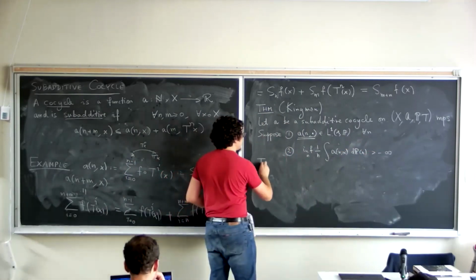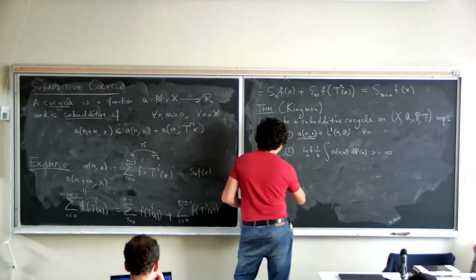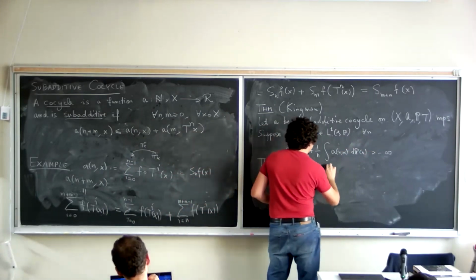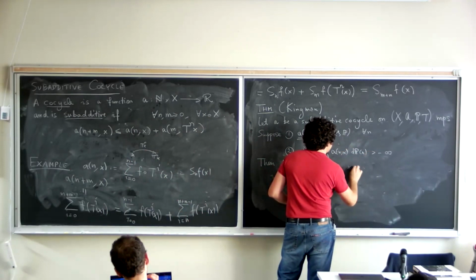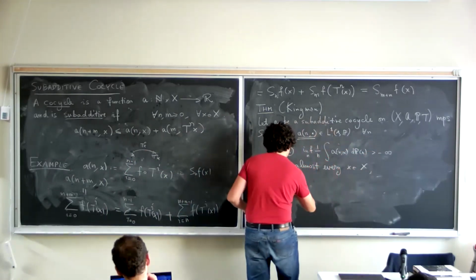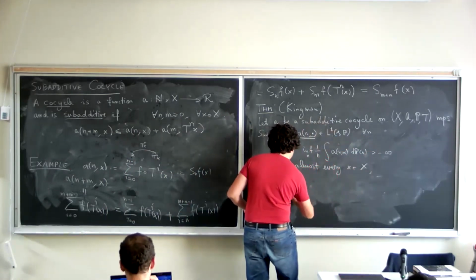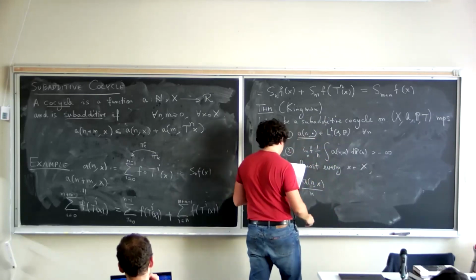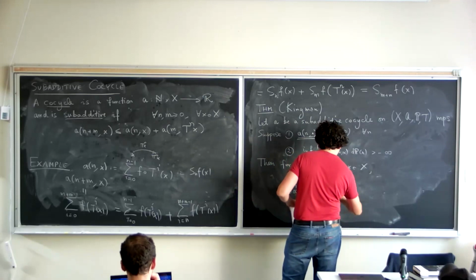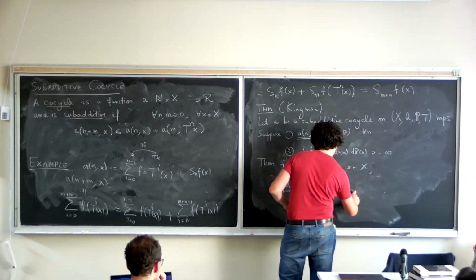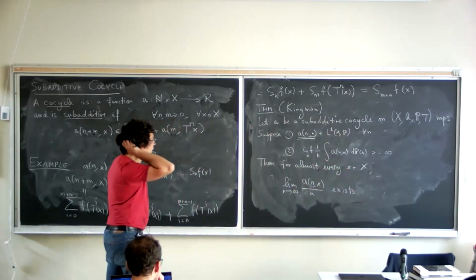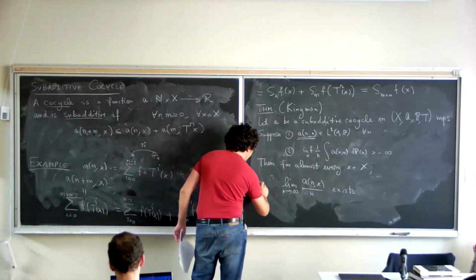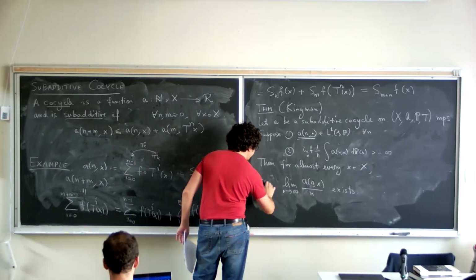So then for almost every x in X, the limit as n goes to infinity of a_n of x over n exists. And again, more or less like what we described before, we can call this a bar of x.